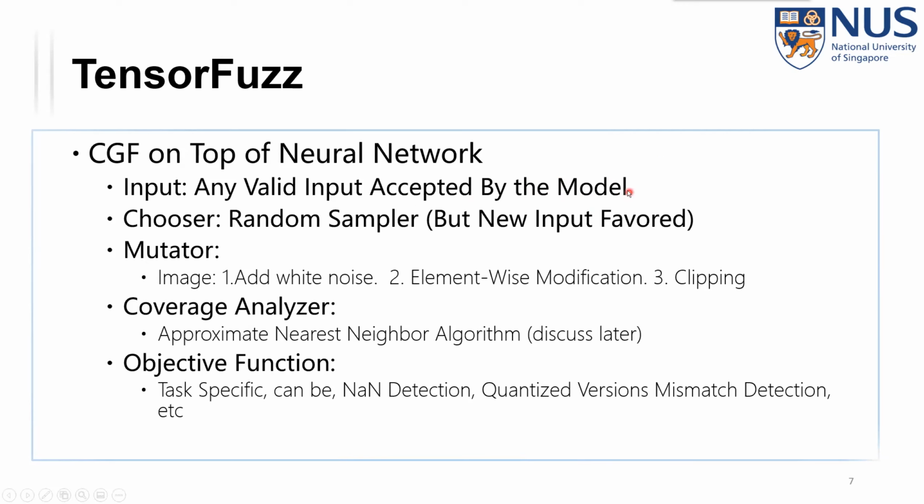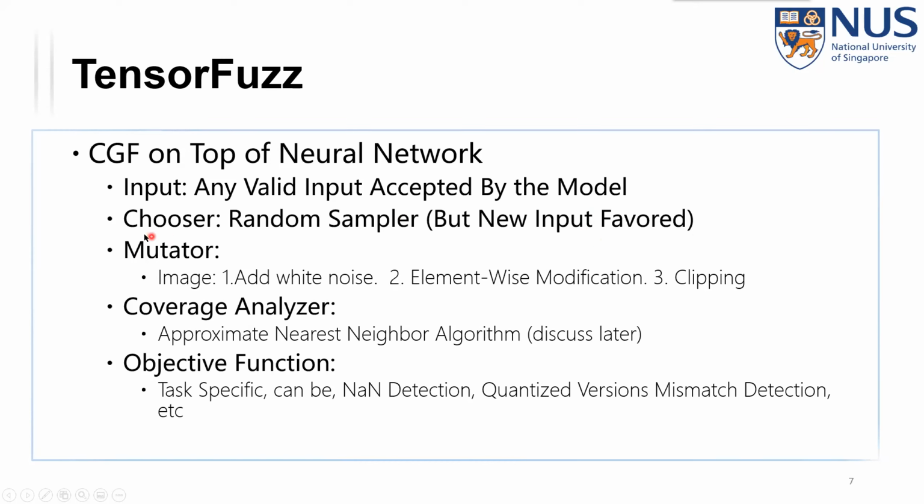And for the input chooser part, they also use a random sampler, but they found that if priority is given to new inputs, then it is easier to find bugs. The new inputs here means the newly added samples that are added to the corpus.